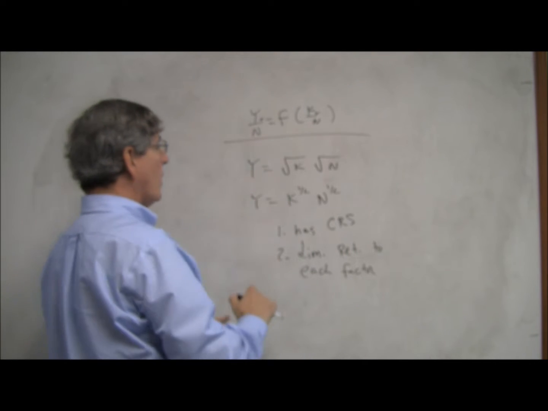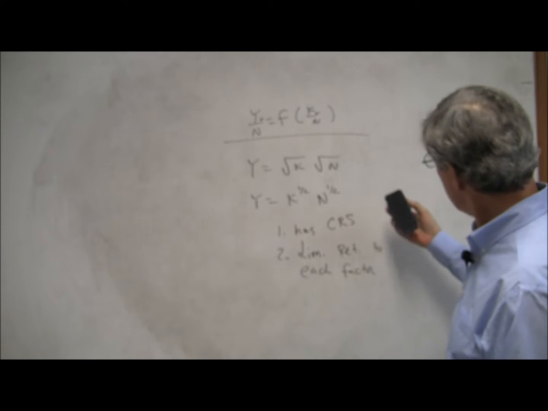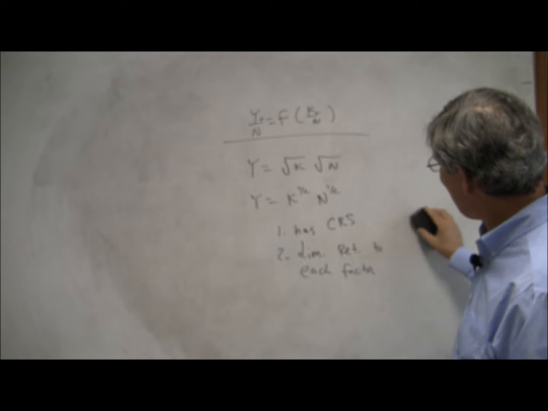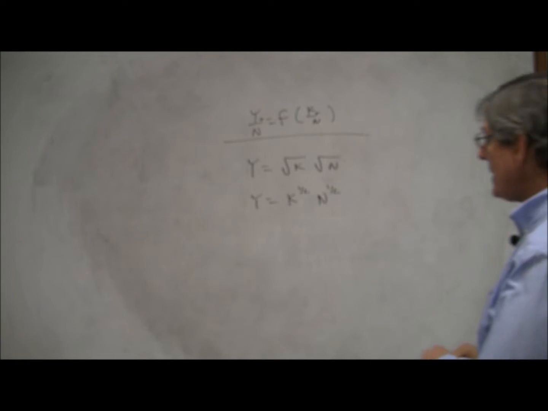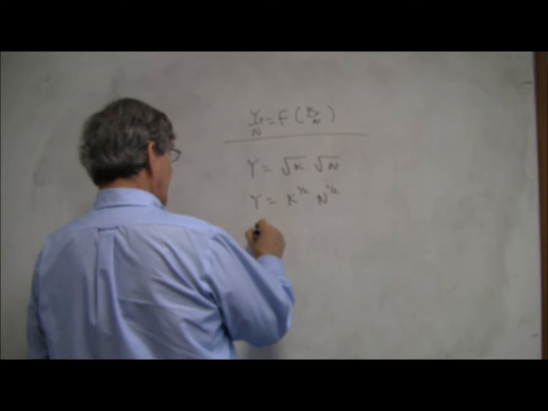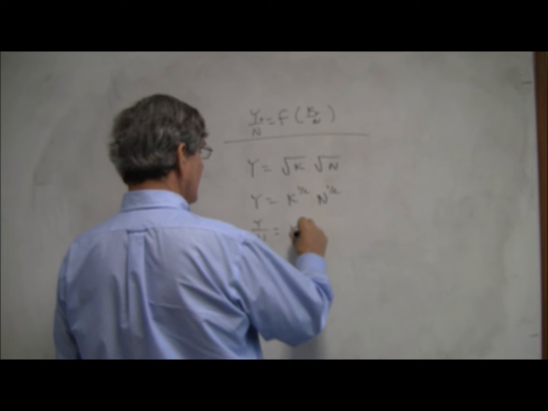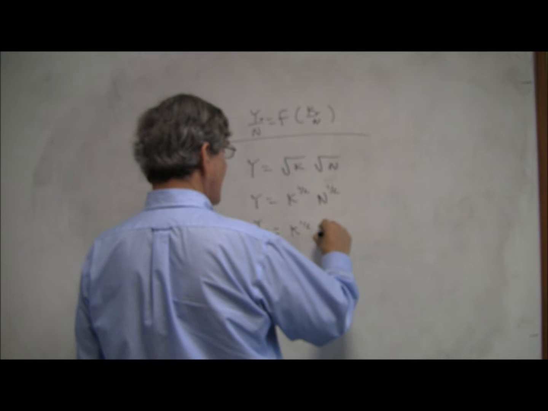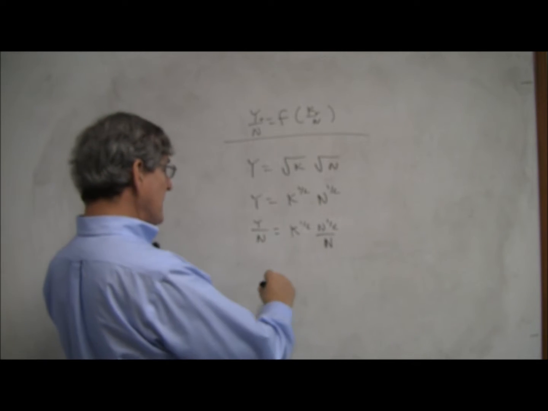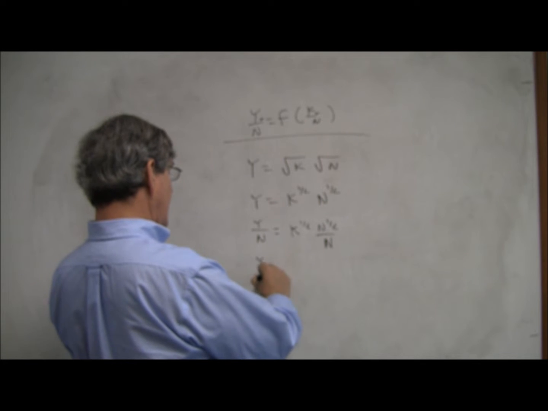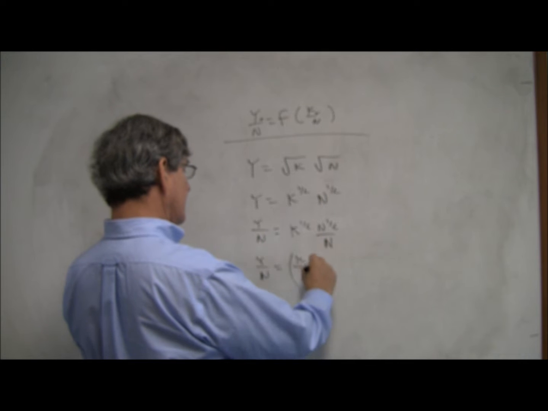Let's put it into this form. All we have to do is divide both sides by N. This tells us that Y over N is equal to K to the 1/2 times N to the 1/2 over N. But from basic algebra, that just tells us that Y over N is equal to K over N to the 1/2.